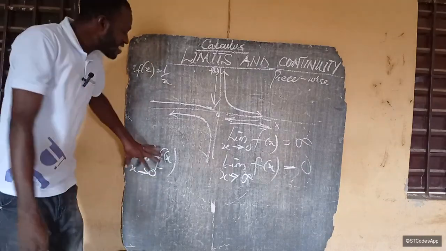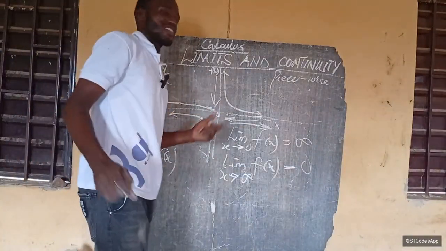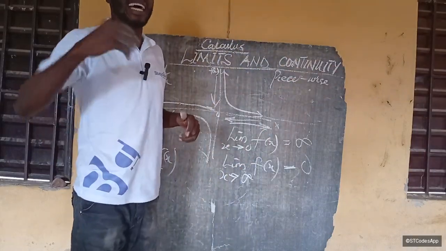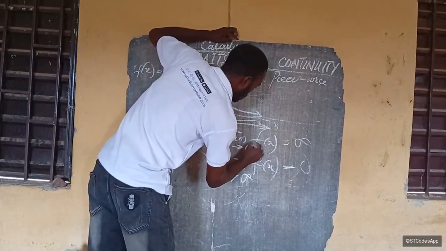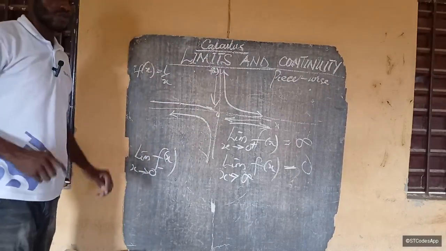So we call it left-hand side limit. And we call this one, because we are coming from this side, we call it the right-hand side limit. So we use positive to denote the right-hand side.